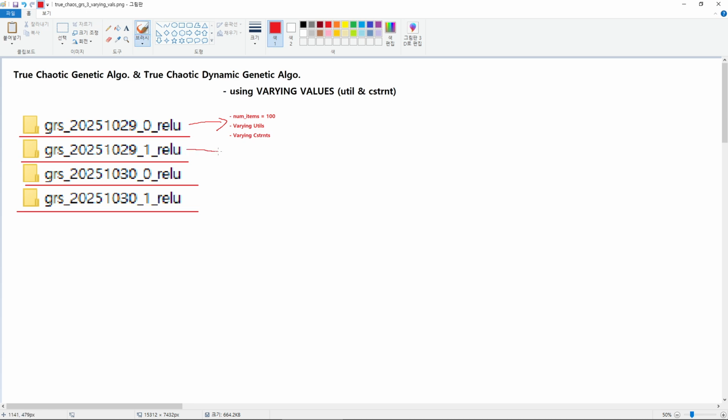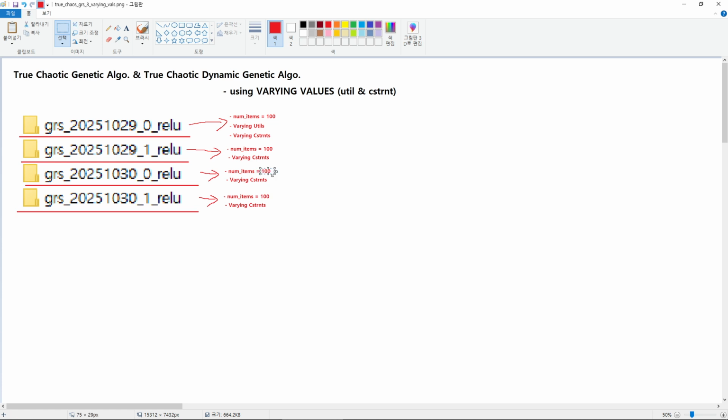Whereas this one is almost the same, except that it only uses varying constraint values. I'll explain why. The same could be said for the last two of these.